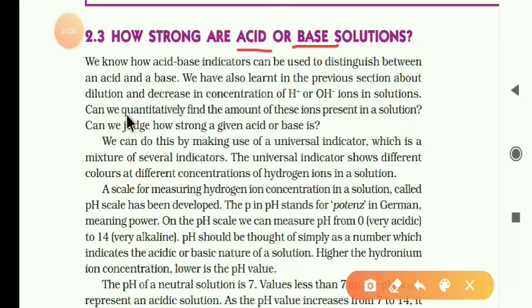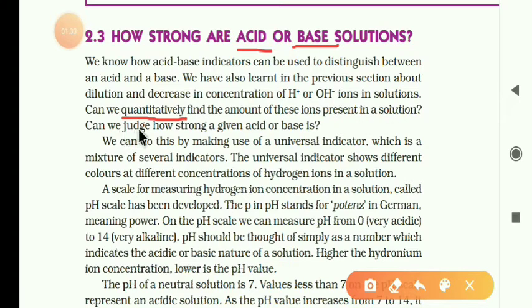Quantitatively means by numerical value. For example, qualitative means how much less or how much more. But quantitatively means with a figure, by numerical value, you have to say how much concentration of the ions it contains.